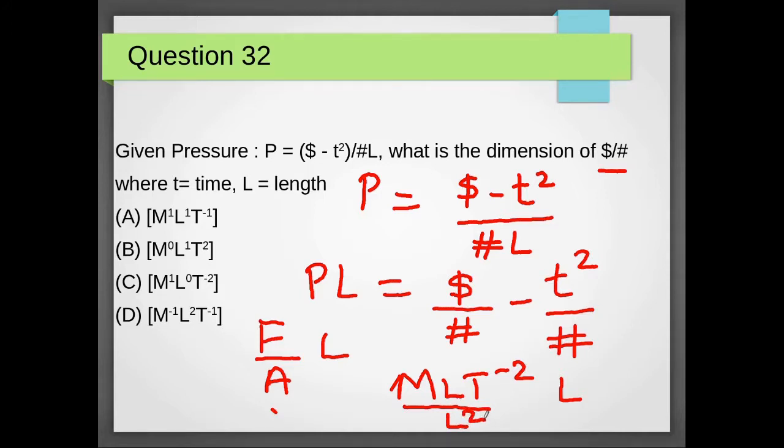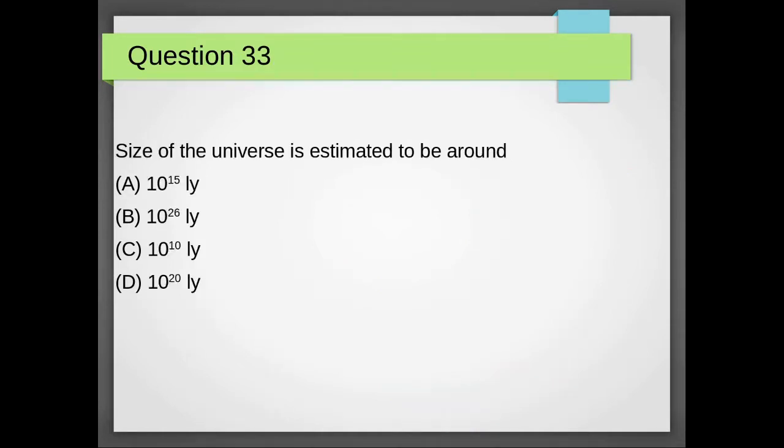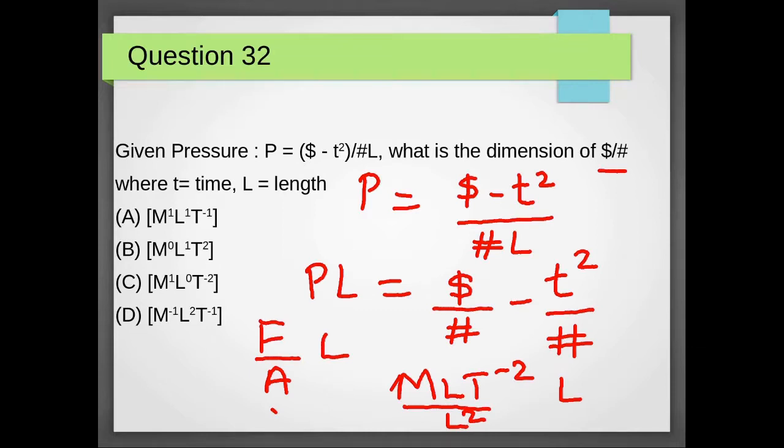So you'll see that the L terms cancel out in the numerator and denominator. What you are left with is M T to the power minus 2, which makes the answer option C, which is M to the power 1, L to the power 0, T to the power minus 2.